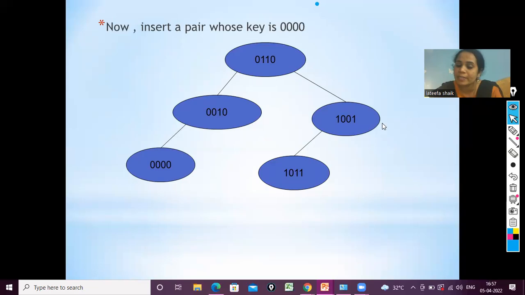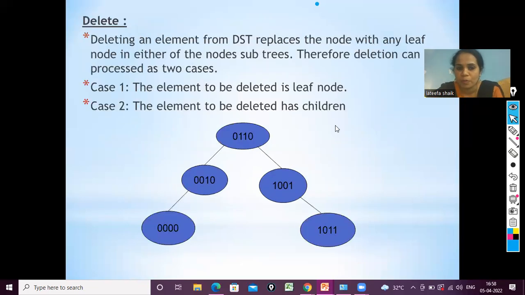In the right subtree, an element is found. Compare this node element with the search element. In this case, the search element and the node element are equal. 1001 is found at level 2. So the element is found. If not, we can say that the element is not found. Likewise, search can be performed.